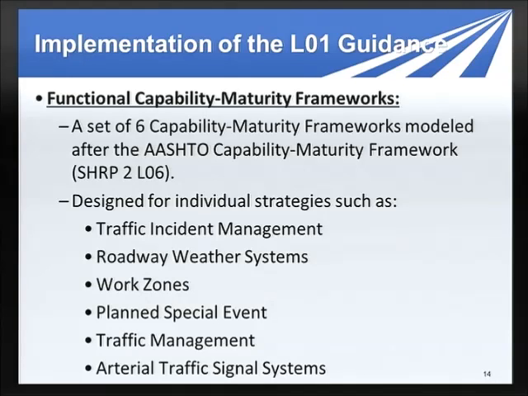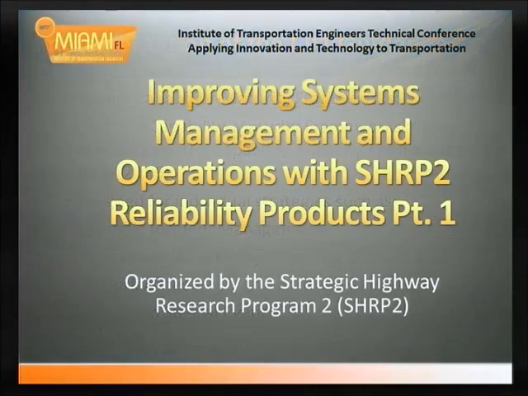Well, the easier answer to one of your questions is nobody's at level 4 yet. The other answer is a little more complicated, and it gets back to the basic question that we've been grappling with for a number of years, and that's making the case for the importance of operations, trying to get operations on an equal footing with the capital programs, and it's still evolving.